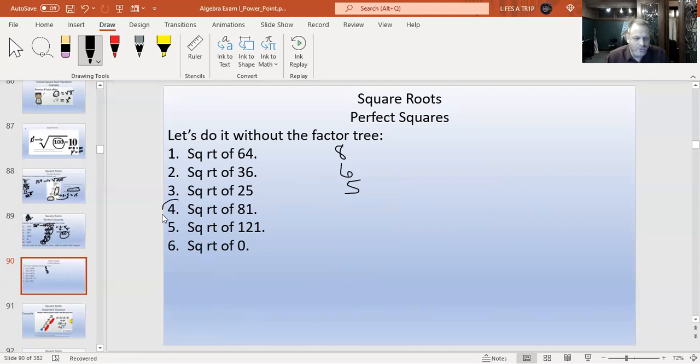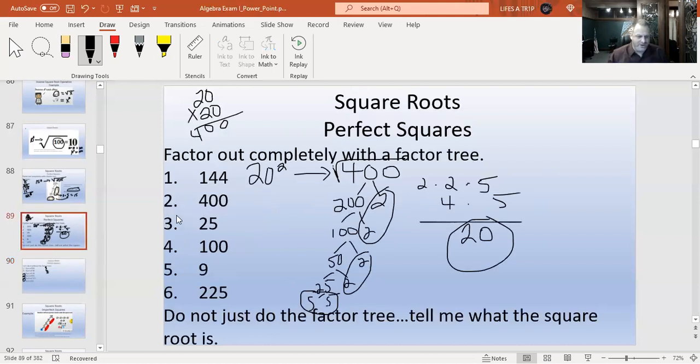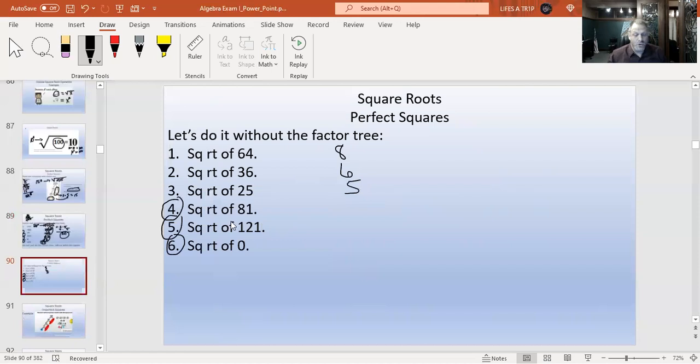And for my homeschoolers, do 4, 5, and 6. Or if you're at home, do these at home. So I need you guys to do 3, 4, 5, and 6 for me. And then on your own, and then 4, 5, and 6 for me on this slide as well.